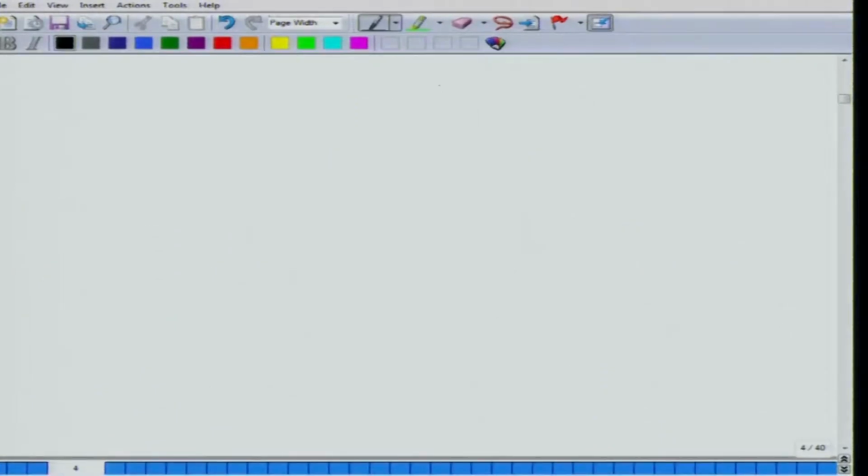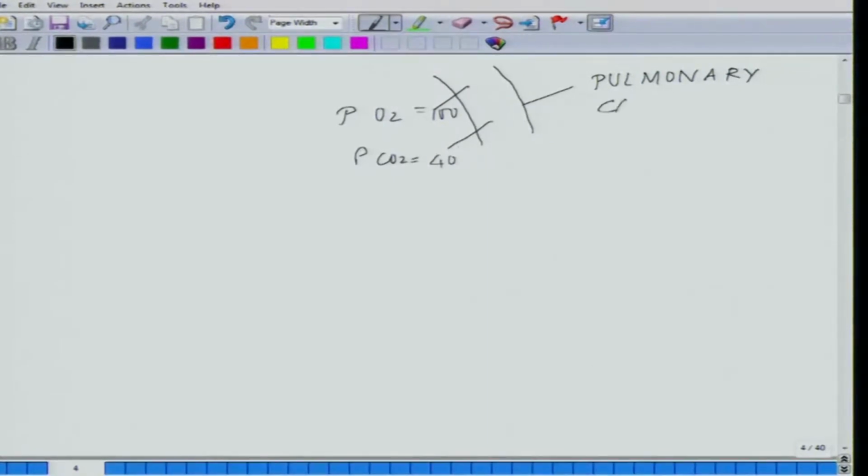So the blood which formed in the pulmonary capillaries has a partial pressure of oxygen, PO2, equal to 100, and PCO2 is equal to 40. Now, from here, this is moving into the systemic capillaries. It came to the heart, and from there it was pumped.